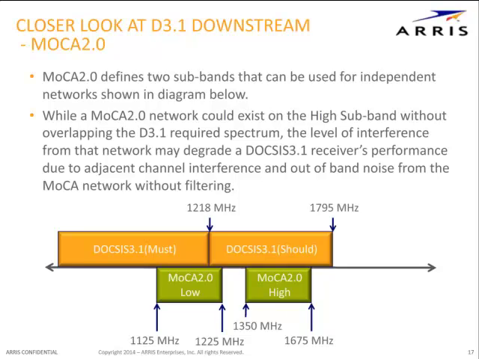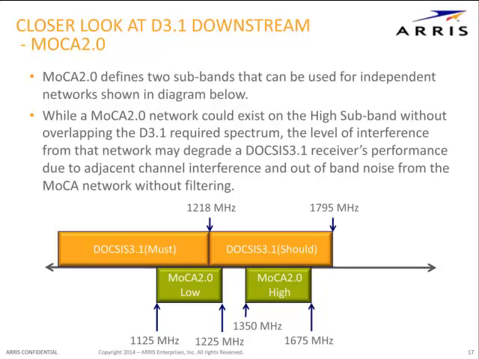That's low D and high D. And for those two MoCA subbands, the MoCA spec does allow them to run independently, and a MoCA 2.0 network could exist in the high band without overlapping the must band of DOCSIS 3.1.